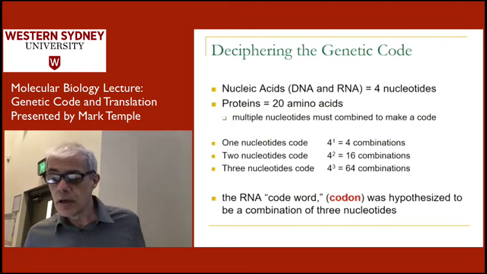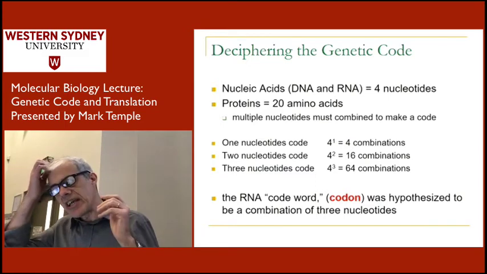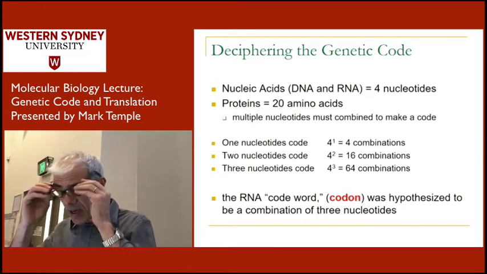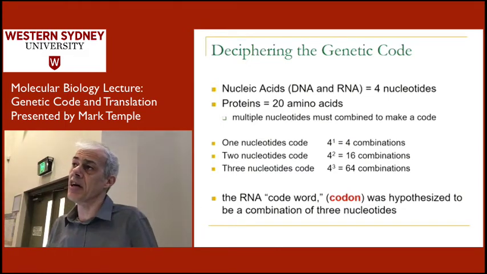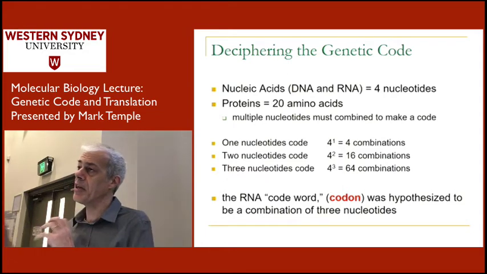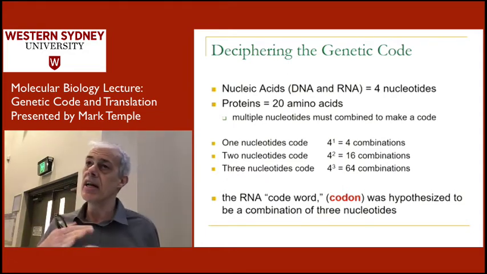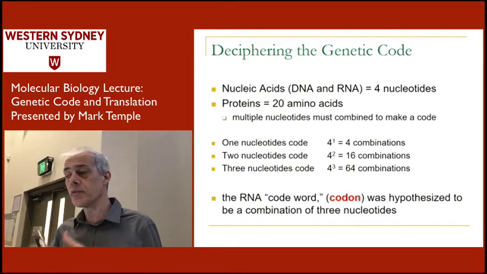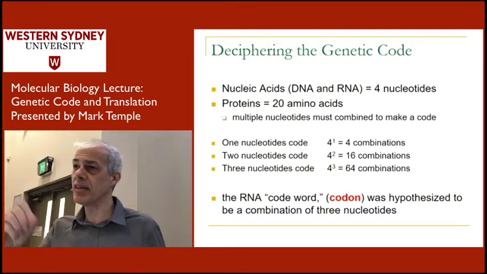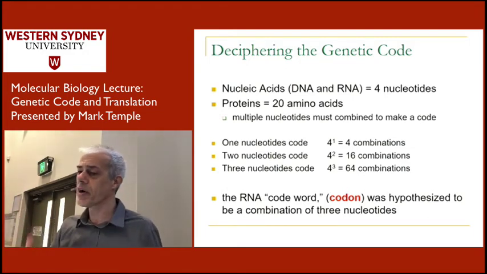Okay. So what is the genetic code? If you were a 1950s scientist trying to understand how you relate a nucleic acid sequence to a protein sequence, and you've got no idea, then you start to scribble down ideas on napkins at conferences and try and work out what's going on.